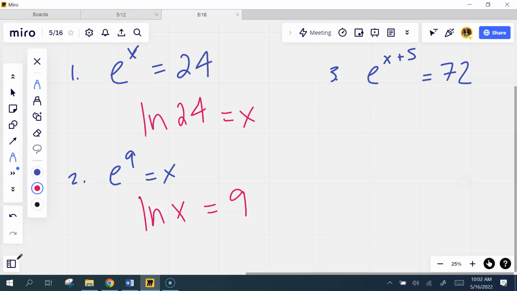What's it look like? Notice I'm not solving just yet. Right now I'm just changing forms. Remember I told you when we started this, changing forms was going to be easier. Everybody okay? Yes, good, thank you.